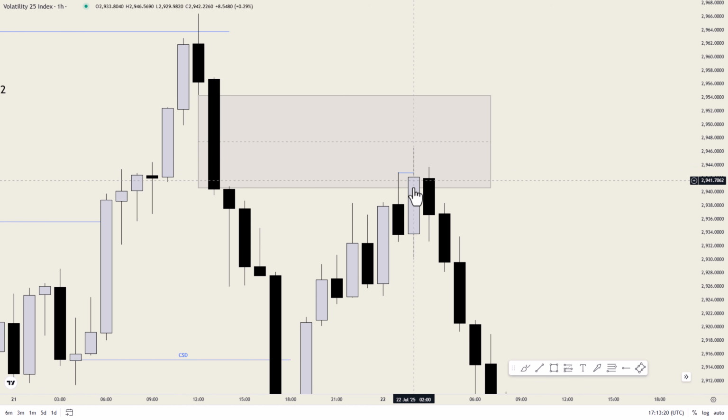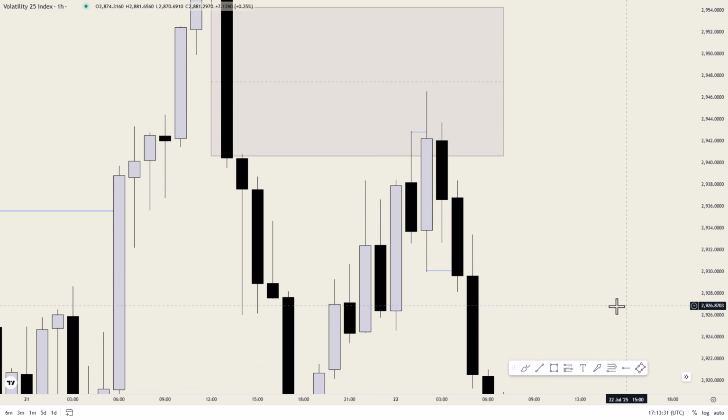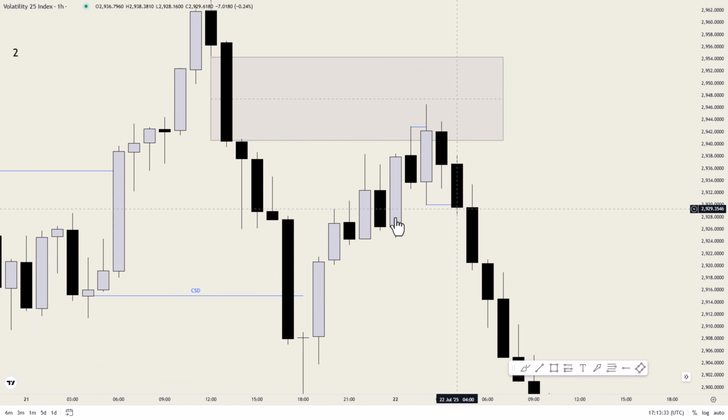And as soon as you see this, when price closes below candle 2, you should know that yes, you're going to be continuously selling. So here we see price has closed below candle 2. So as soon as price retraces into the candle that closed below candle 2, you can place your trade.